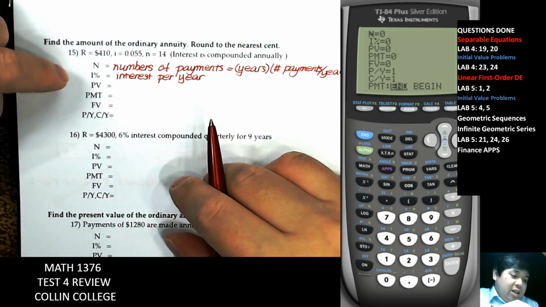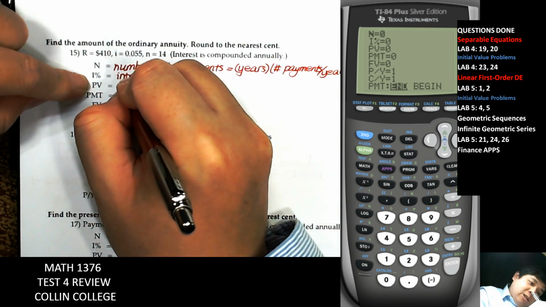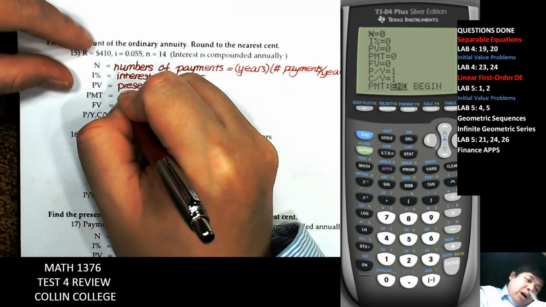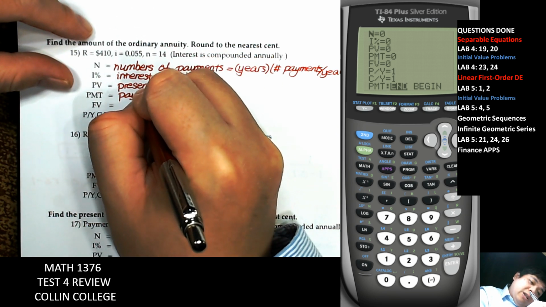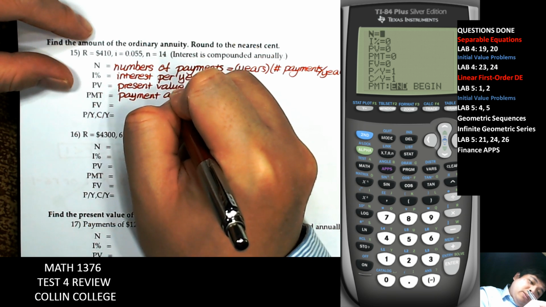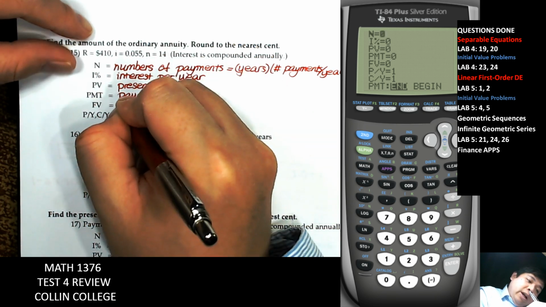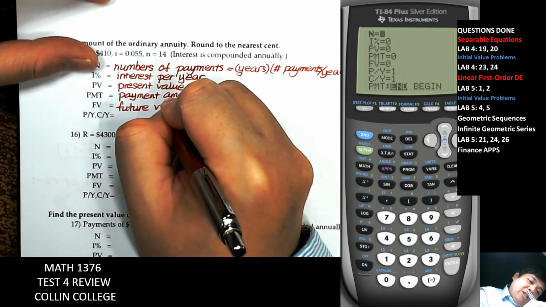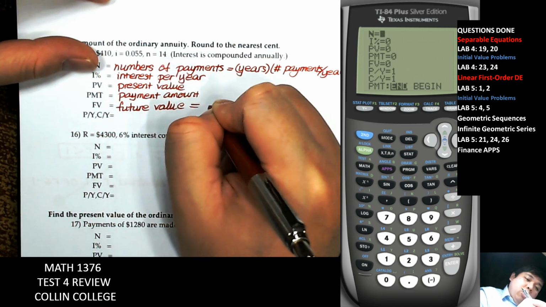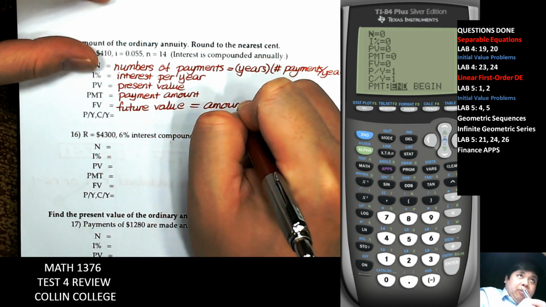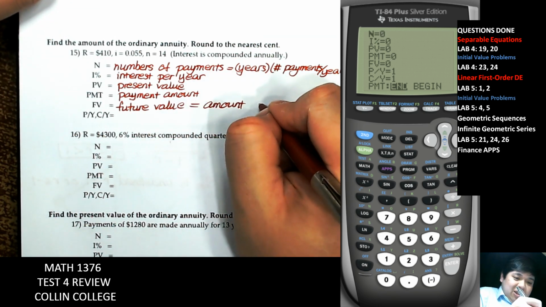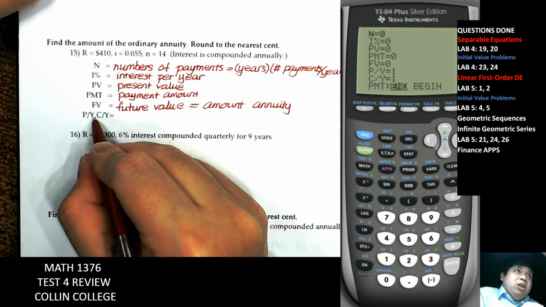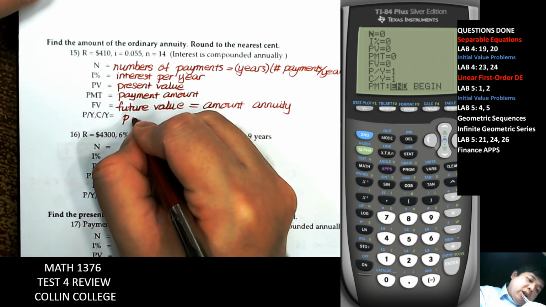Next will be easy. That's present value, the payment amount, and the future value, which is also the amount of the annuity. And this is the payments per year, or the compounding periods a year.